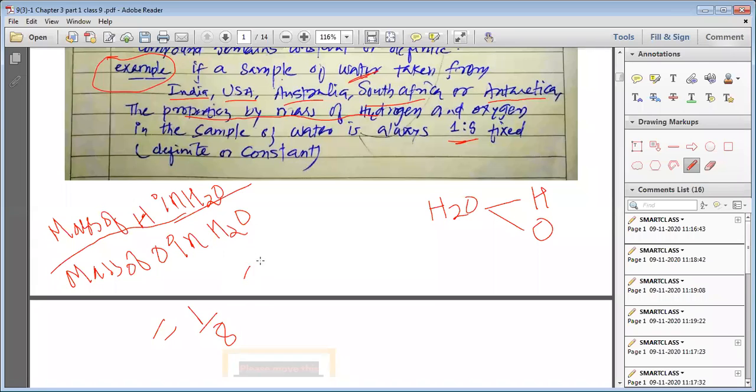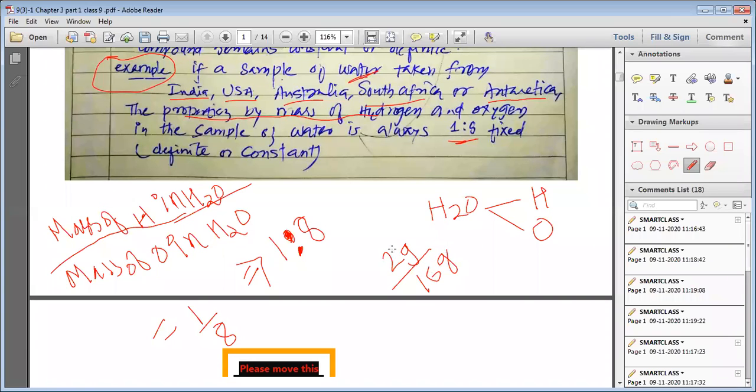That is what it is represented as. The ratio is always 1 is to 8. So if your hydrogen is 2 gram, then oxygen is going to be 16 gram, so that you can easily cancel it out and you get 1 by 8.